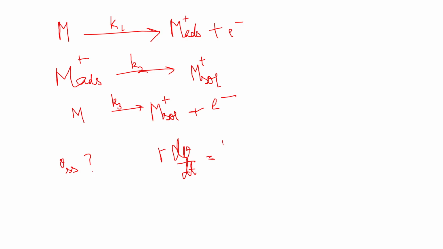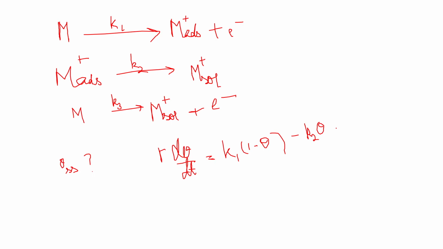K1 into 1 minus theta minus K2 theta. Then only that much? Only that much? Is there nothing happening in the third step? Yes, electron is there.